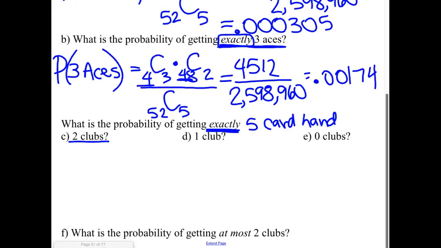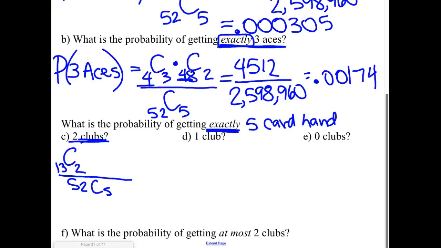So keep in mind, on the bottom, that's not changing, it's 52C5. Now on the top, reminder, each deck has 13 clubs. So I'm going to say 13 pick 2.